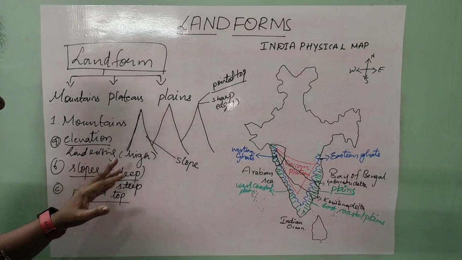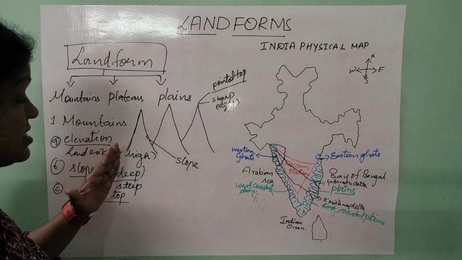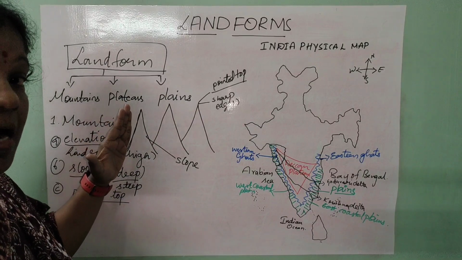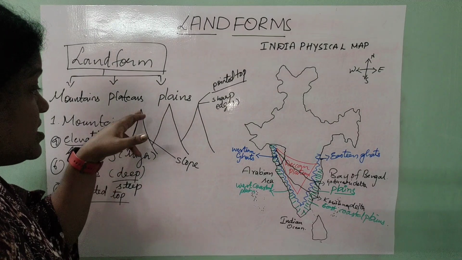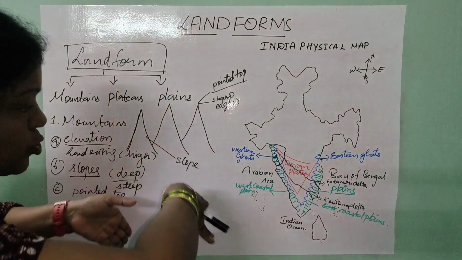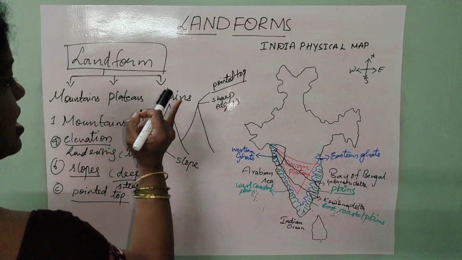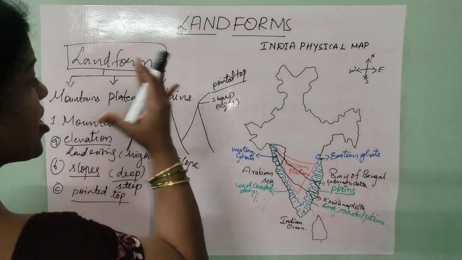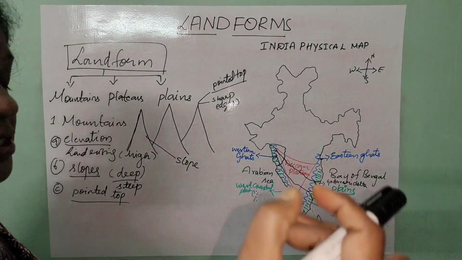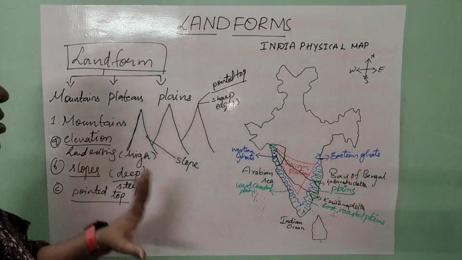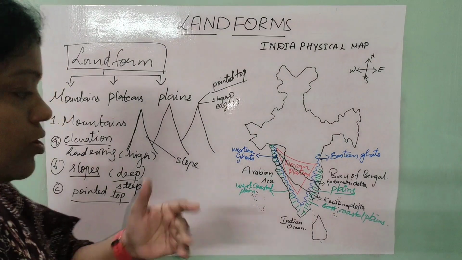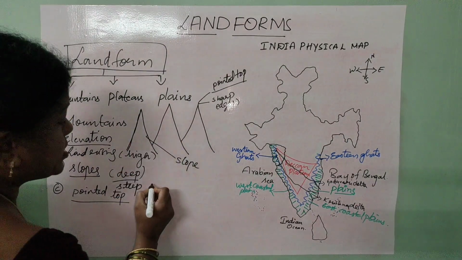Land rises are high with steep or deep slopes and the tops are projected, pointed or with sharp edges. Have you got the definition of the mountains here? So what might be the mountains? The examples you can give?